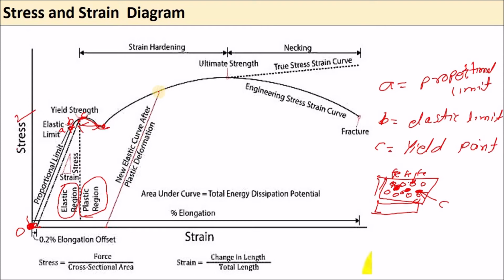After that, once again, when we increase the strain, stress will increase, and that is known as strain hardening. Up to some limit, stress will increase with strain, and it will reach the maximum point where stress is maximum.